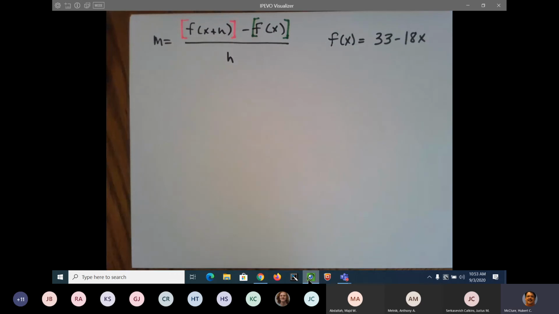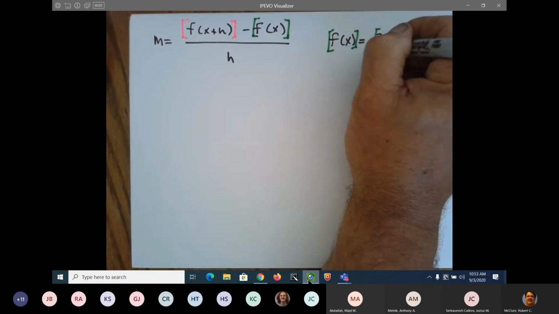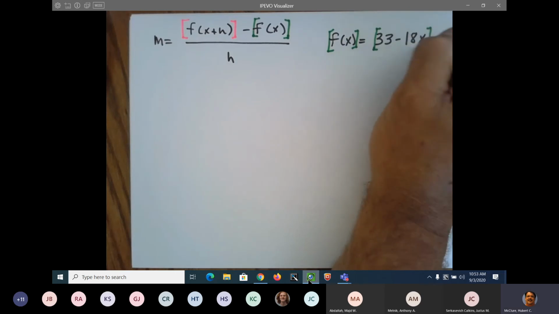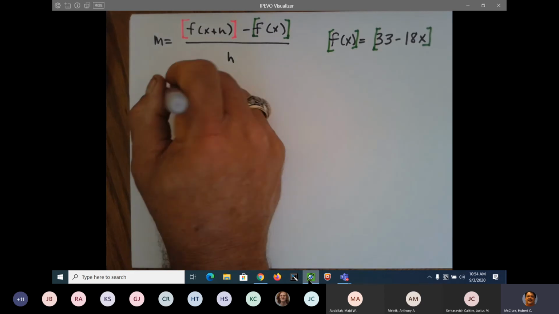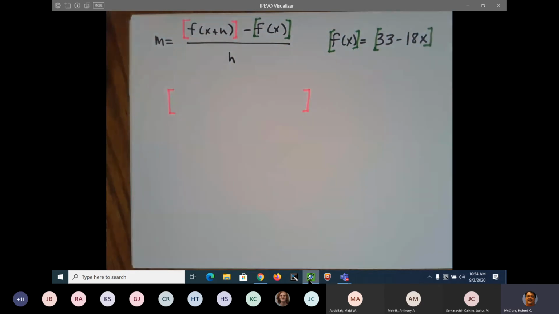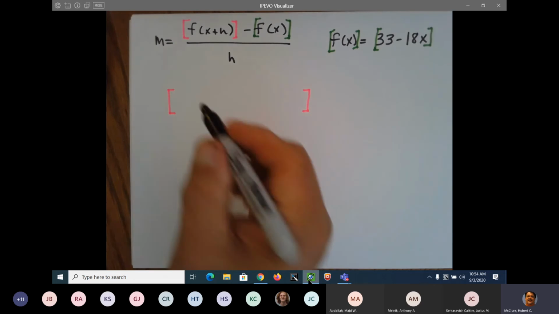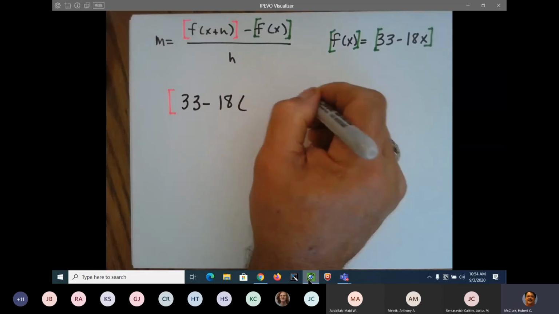Okay, I've already got f of x. It's right here. There's f of x right there. So I've already got that. I need f of x plus h. So what I'm going to do is put brackets here, and I'm going to rewrite my function: 33 minus 18 times parentheses.